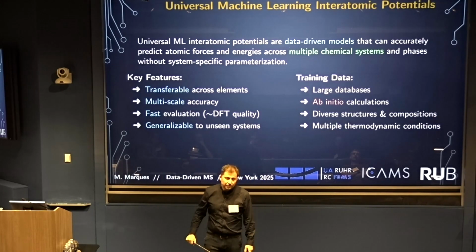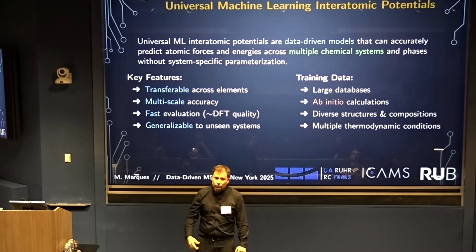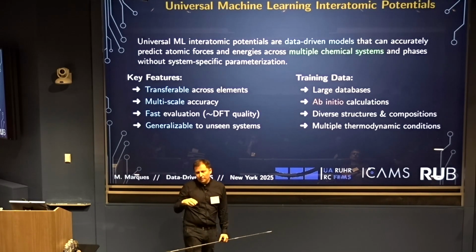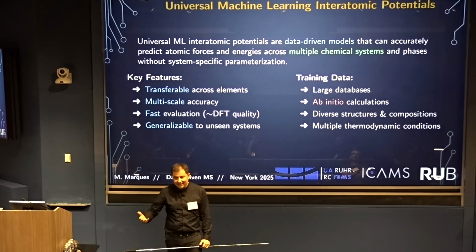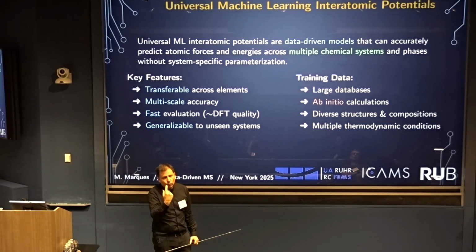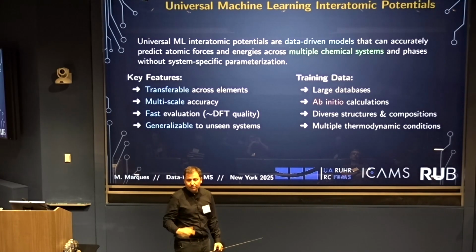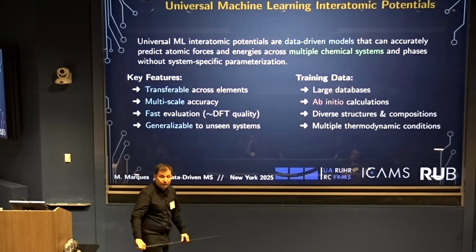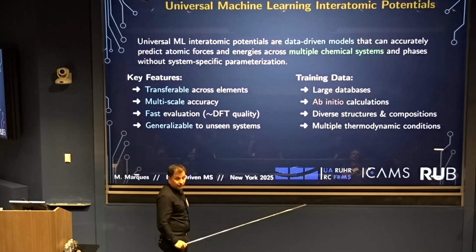So they are what in machine learning are called foundation models. They are trained once, and then they can be fine-tuned if needed. But the model is trained once. It will not have to be retrained. This was kind of a dream. The first one appeared in 2021, didn't work very well. Now it's no longer a dream.